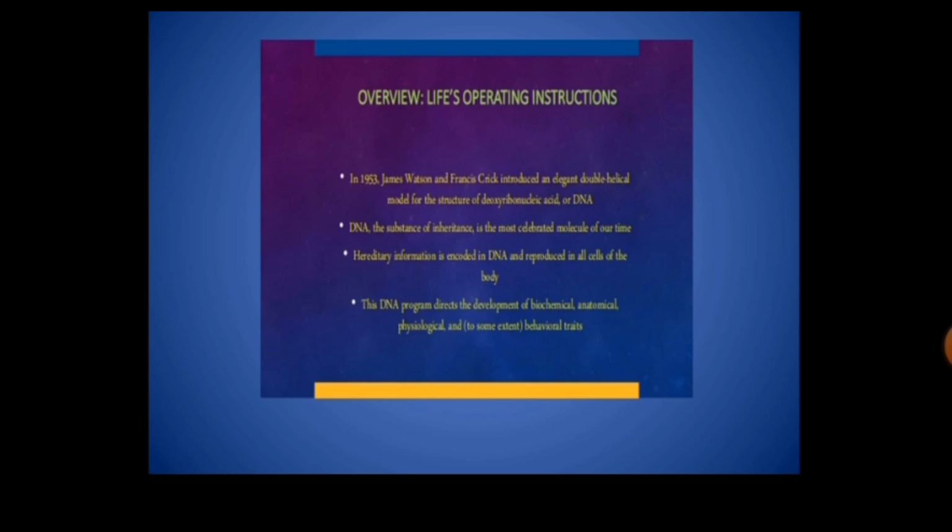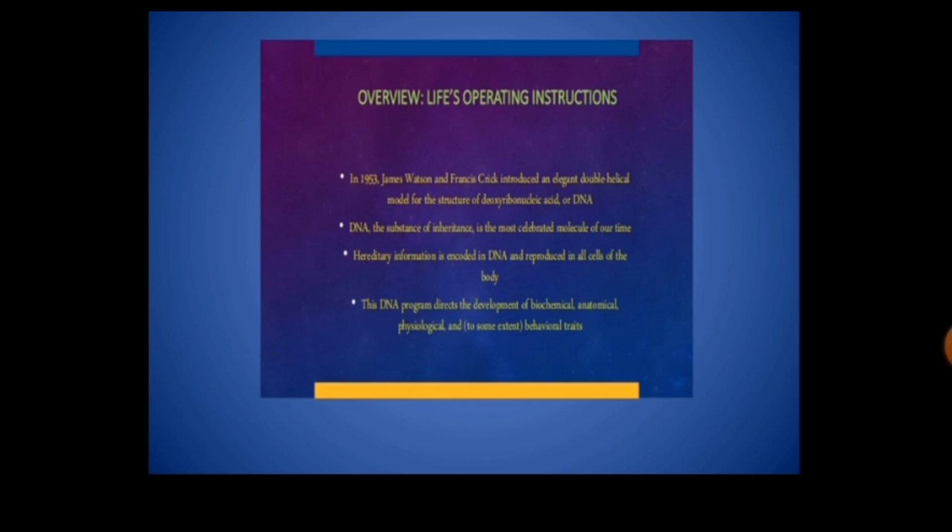Then we look at how DNA actually transfers traits from one generation to the next generation. So we will see the entire process of inheritance but at the molecular level. When we say molecular level, DNA is the molecule. So at the level of DNA, how does DNA help in inheritance?